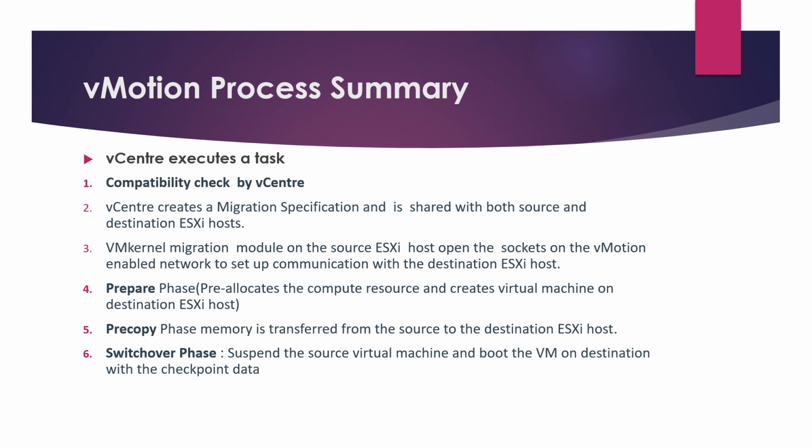Then it is the pre-copy phase, where the actual memory is transferred from source to destination. Once the pre-copy is terminated, the switchover phase happens. In the switchover phase, the source virtual machine will be suspended and the VM will boot on the destination ESXi host with the checkpoint data supplied.